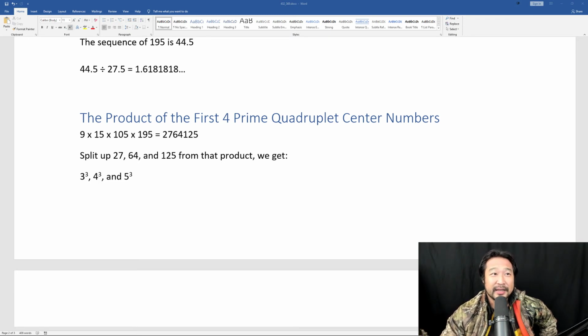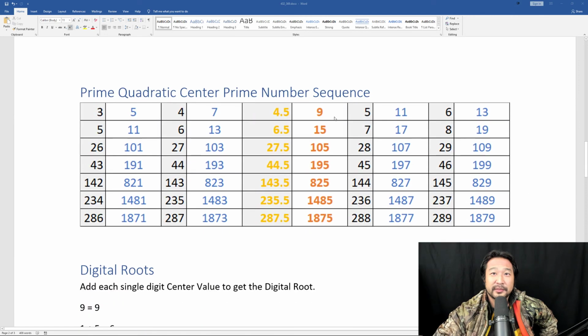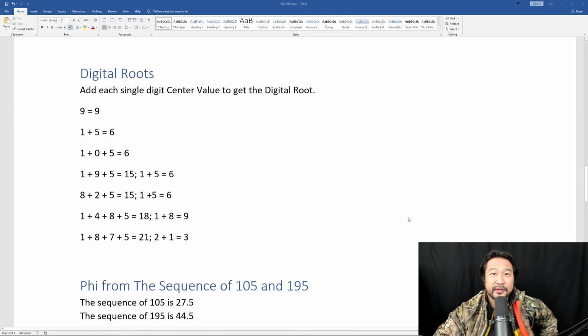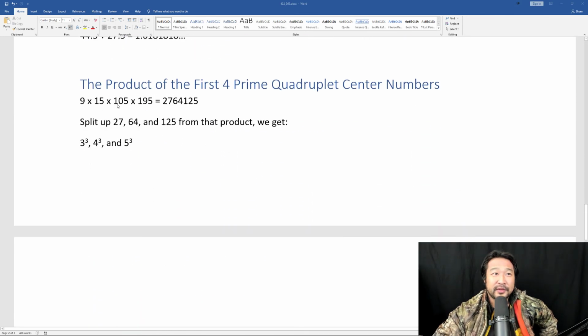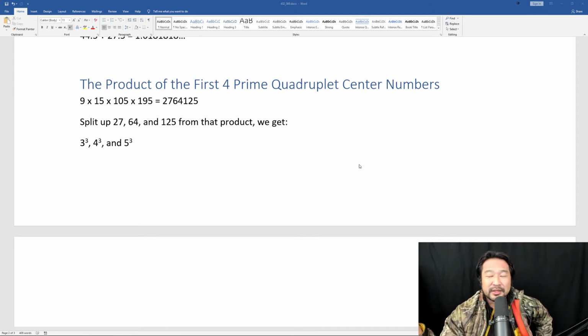Okay, so 9 times 15 times 105 times 195. I'm just getting the first 4 prime quadruplet center numbers: 9, 15, 105, 195. When we get that product, we get 2,764,125.